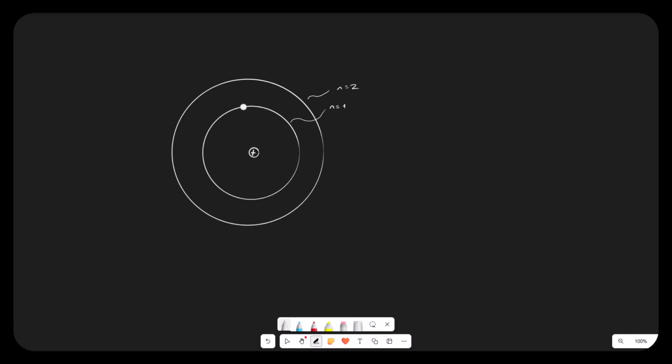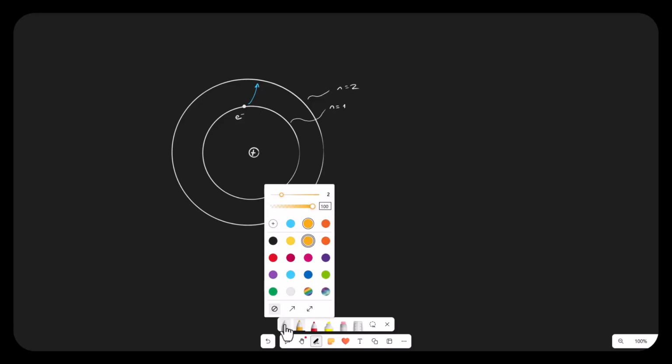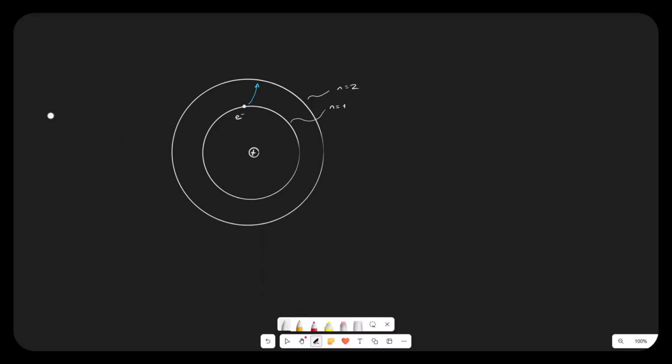What it says, if I've got this electron and it's living in this orbit, it can be promoted up to this orbit. And in order to do that, it needs to gain some energy. That energy has to come from somewhere. So if we have a light ray coming in, especially when we have broad spectrum light, we are saying we have pretty much every color coming in, right?